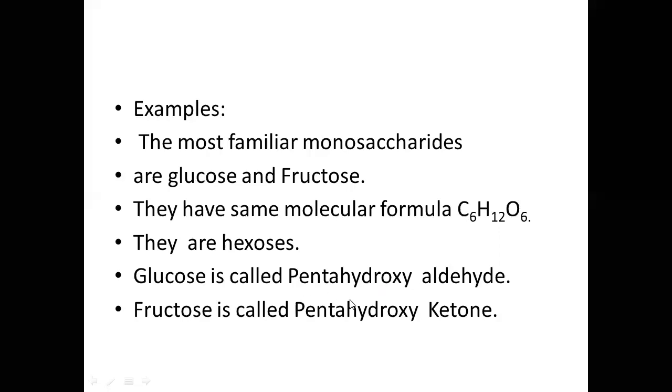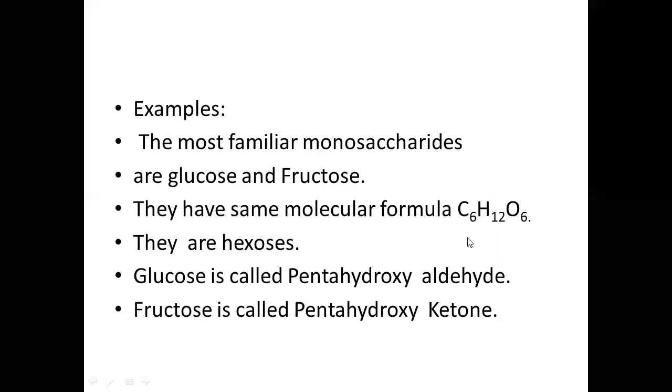And pentahydroxy means what? Penta means 5 and hydroxy means containing hydroxyl groups. So all carbohydrates, whether they are trioses, tetroses, pentoses or hexoses, all contain hydroxyl groups. Although the hydroxyl groups are different in different compounds, glucose and fructose are the most common and most familiar examples of hexoses because their formula is C6H12O6.